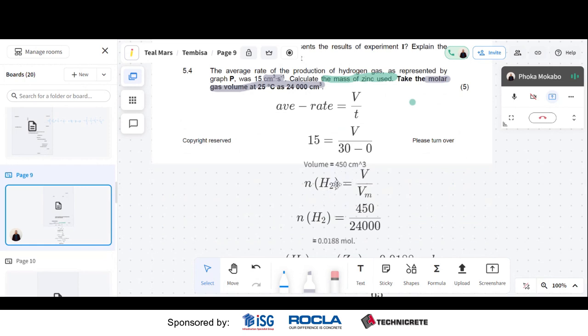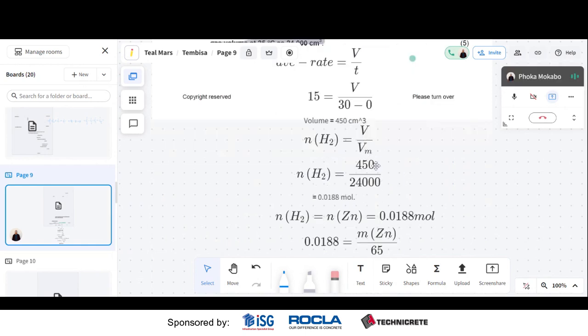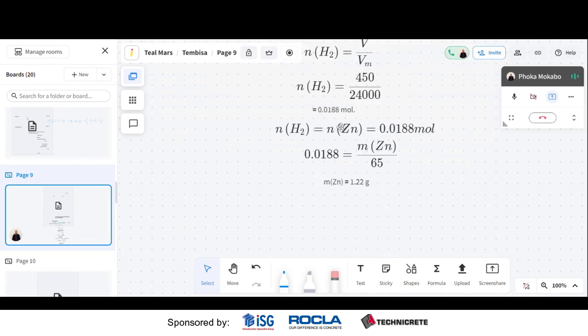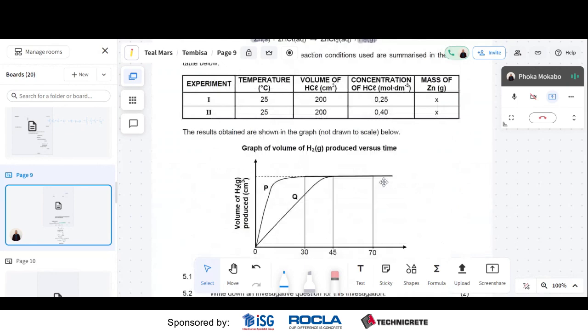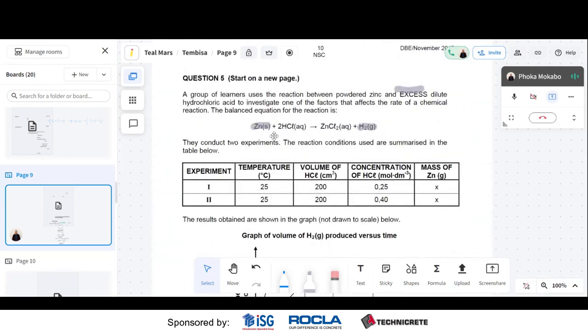Now we took that, plugged it into the molar equation for volume, which is V over Vm. We got 450 that we substituted in. We were given the molar volume constant to be 24,000 centimeters cubed. The units cancel each other out, and you end up with 0.0188 moles, right? And we take that, we use the molar ratio that is found from the equation over here. 1 is to 1.